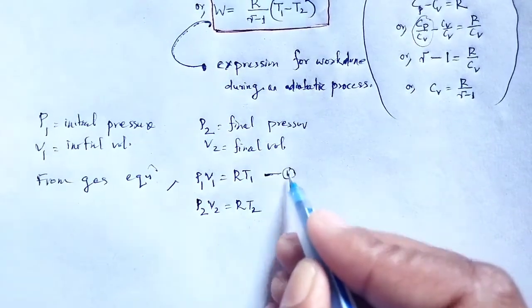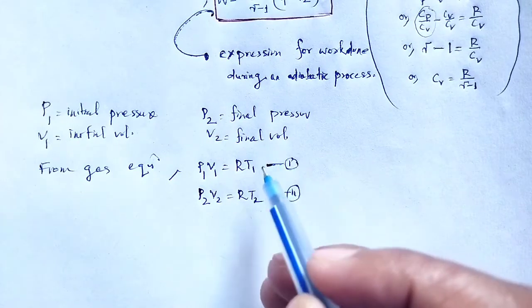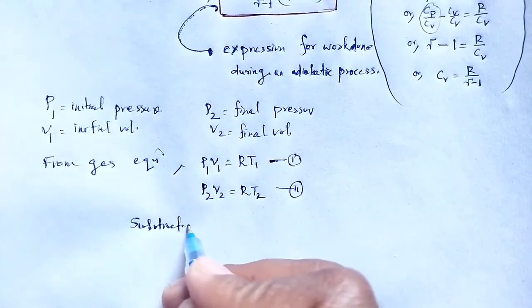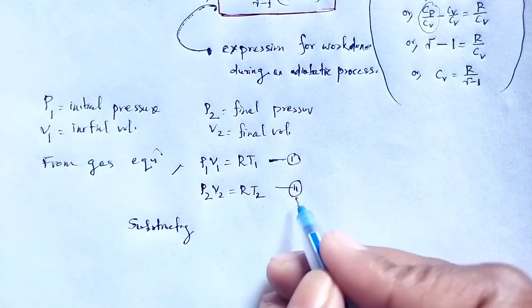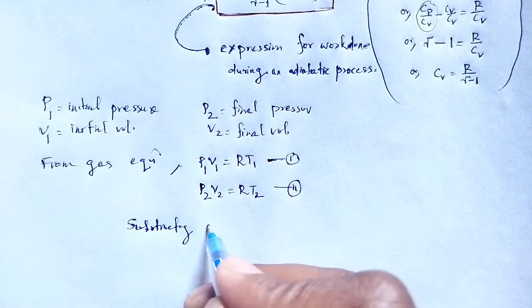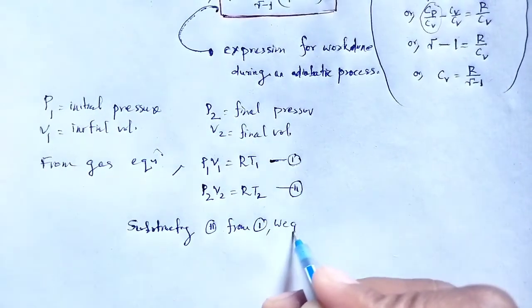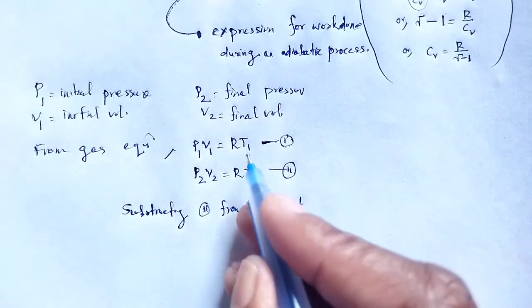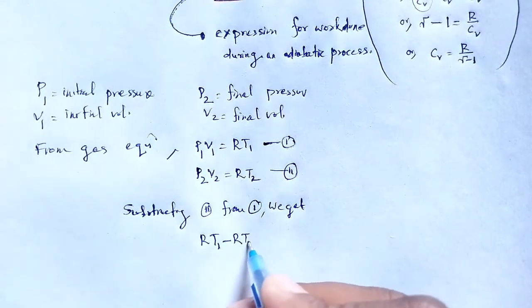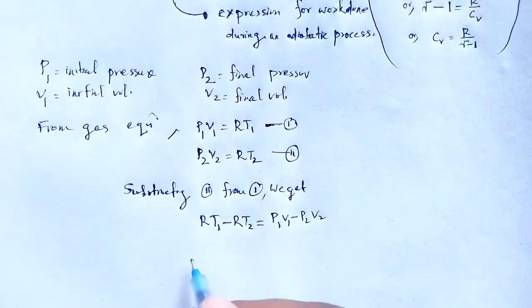Now, subtracting equation 2 from 1, we get RT1 minus RT2 is equal to P1 V1 minus P2 V2.